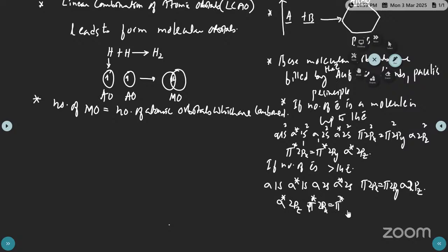So this is the molecular orbital energy diagram of molecules if electrons are above 14. 14 కంటే ఎక్కువగా ఉంటే, you have to follow this molecular orbital electronic configuration. 14 above ఉంటే ఇది ఫాలో కావాలి, బిలో ఉంటే ఇది ఫాలో కావాలి.